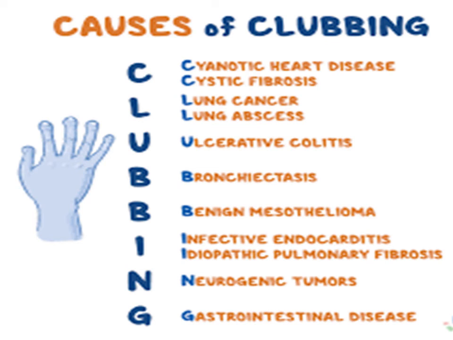B for bronchiectasis, which is a suppurative condition of the lung. B is for benign mesothelioma, I for infective endocarditis, idiopathic pulmonary fibrosis, N for neurogenic tumors, and G for gastrointestinal diseases like celiac disease and autoimmune enteritis type of diseases can also present with digital clubbing.